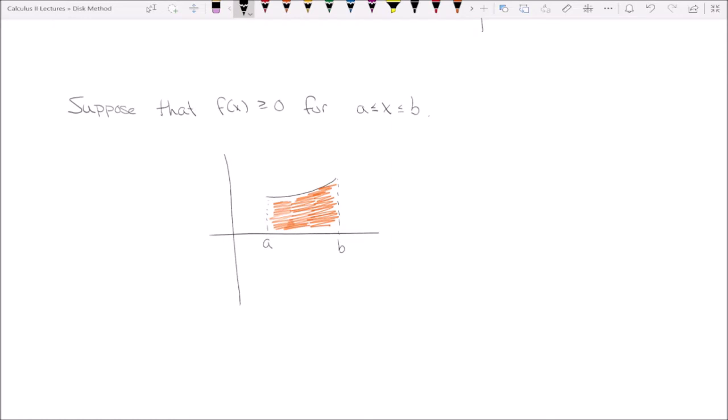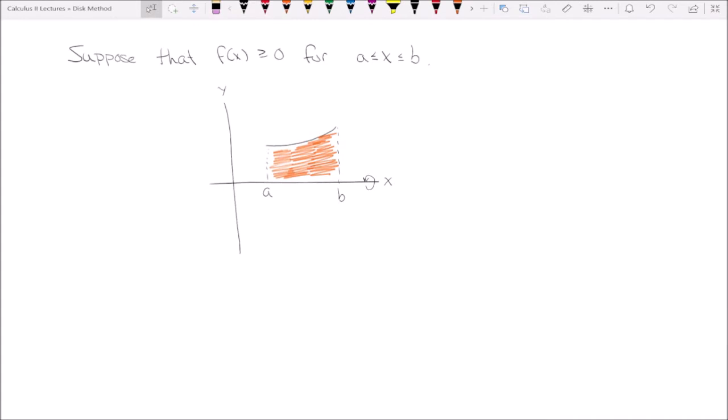Furthermore, let's suppose that we're going to rotate it about the x-axis. So then the solid we get. I should call that f of x, right?